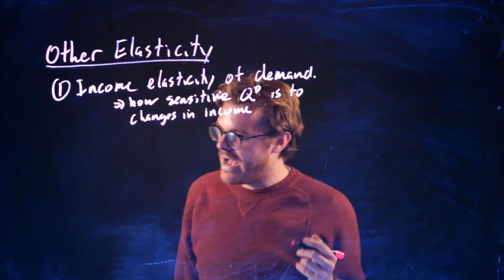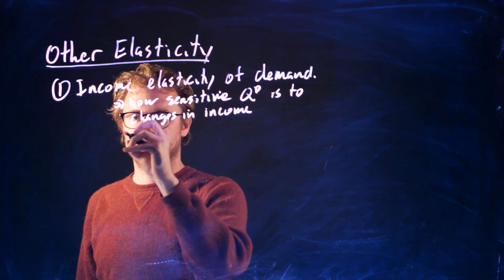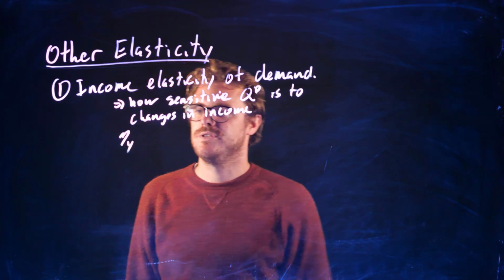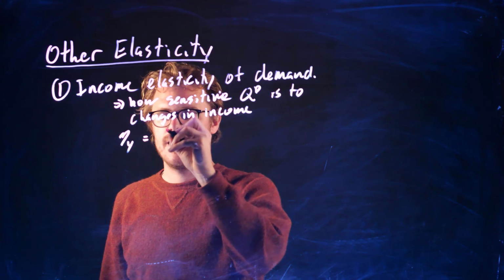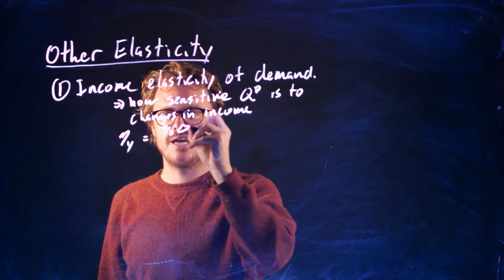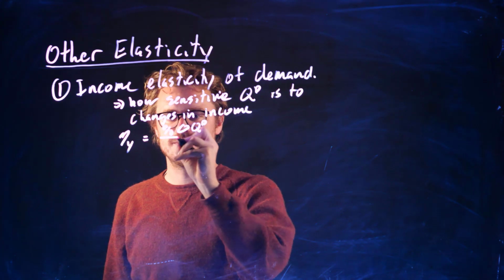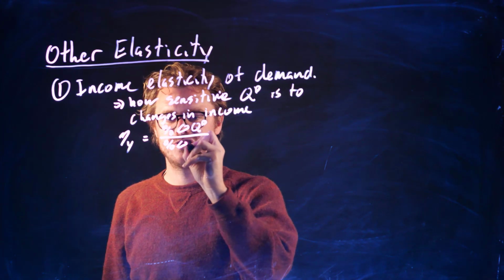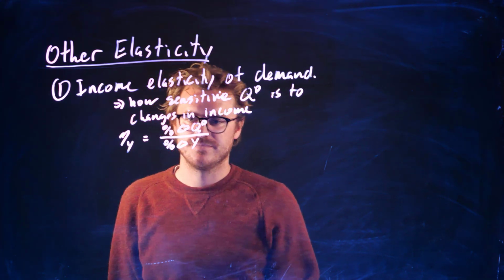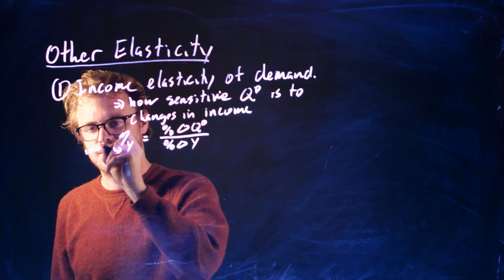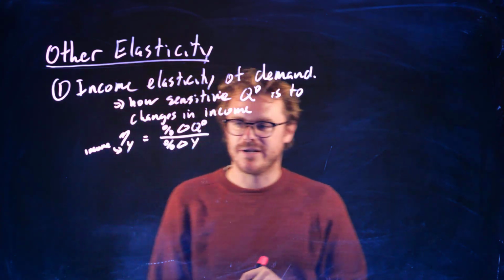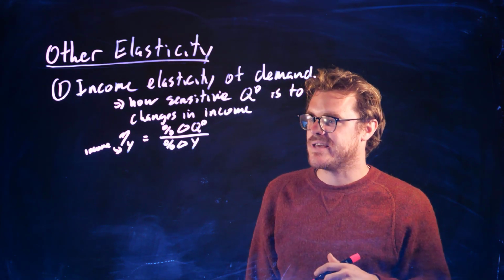So we calculate it the exact same way. Maybe you use Y for income or M for income. And it's going to be the percentage change in quantity demanded, again using the midpoint method, over the percentage change in income. We're denoting income as Y here, just to make that clear.